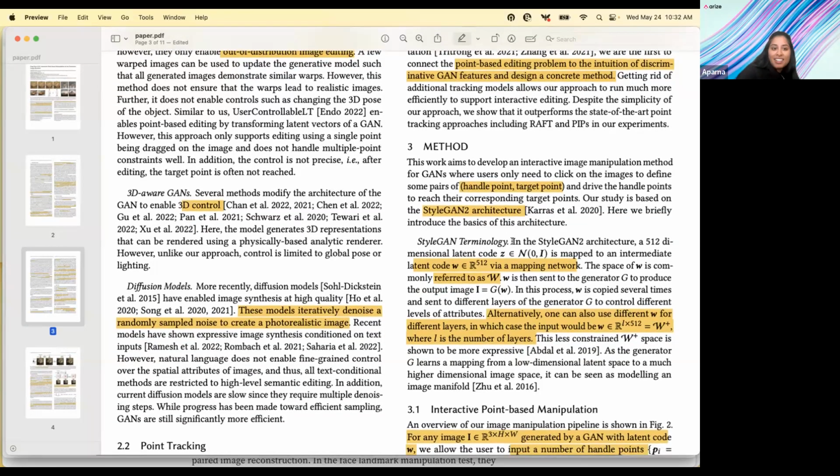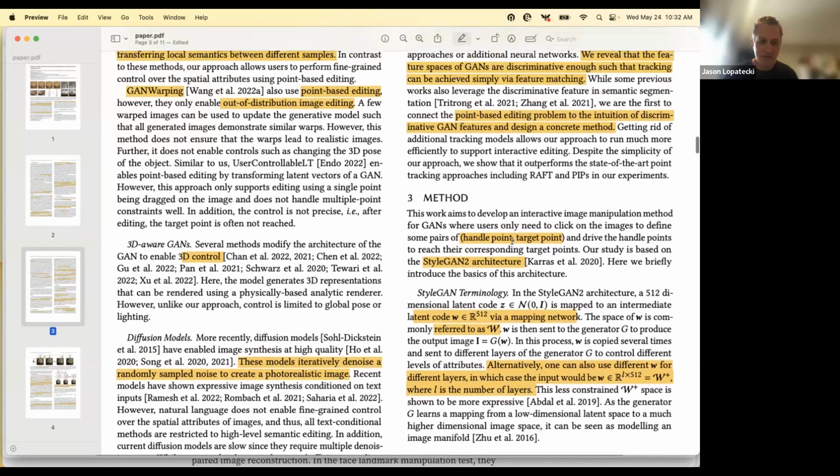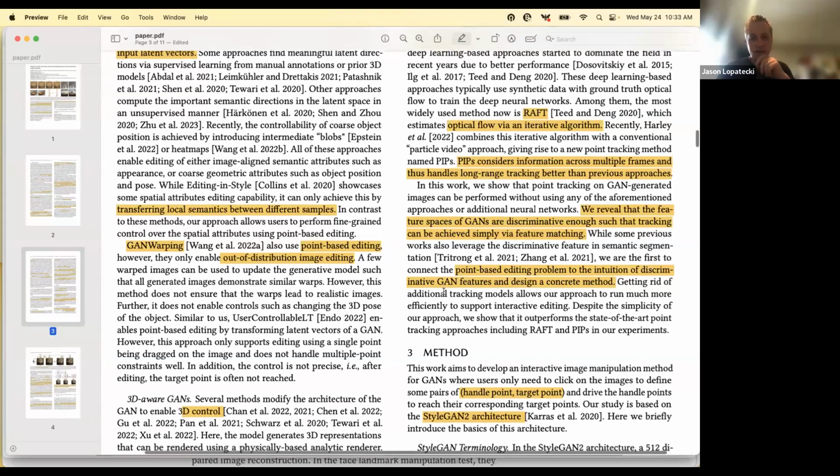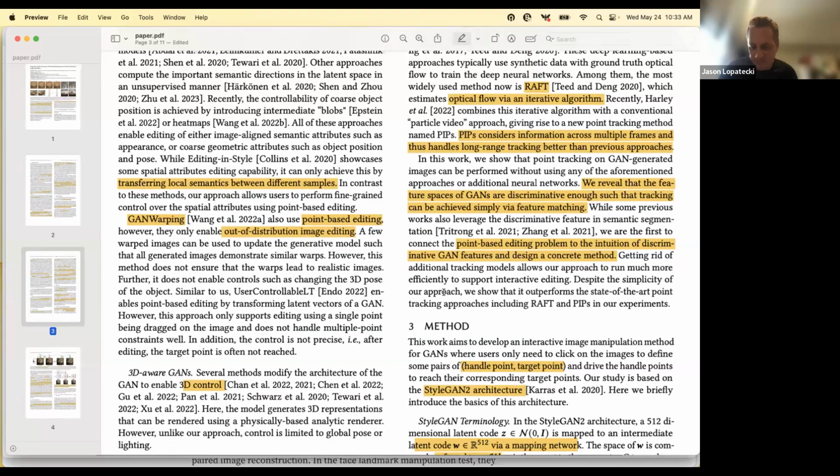Anything else you wanted to add there, Jason? Yeah, I think that was great. I think it's fairly unique in its ability to tightly control what you want it to do. Grab a point in the space and move it, that feels very novel, and I think the approach they took is pretty novel too in terms of the technique.